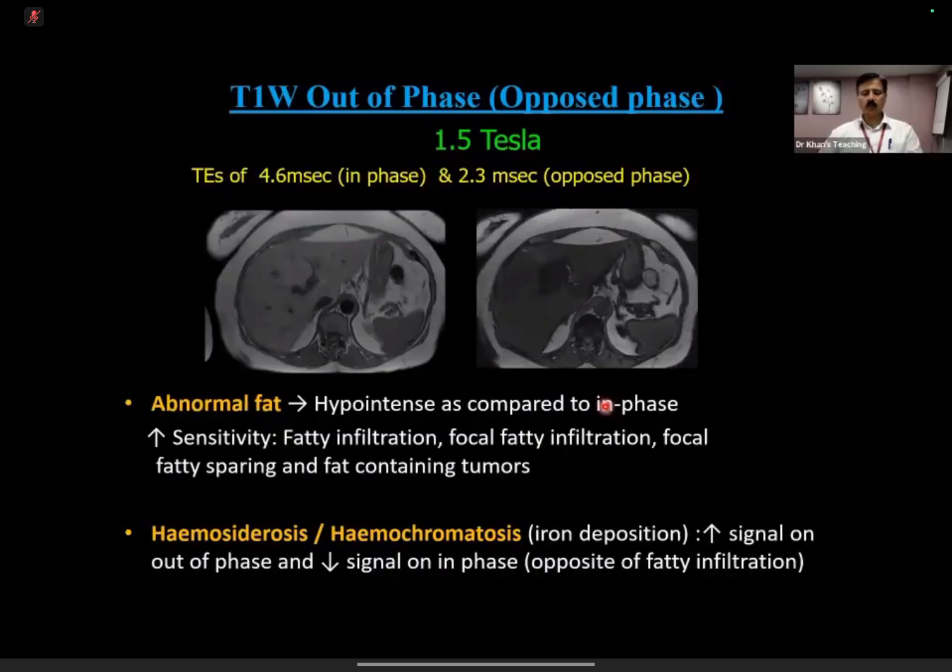And in hemochromatosis, I will teach you a few sequences which you should know. But one, you also utilize these sequences to pick up hemochromatosis. And for that, the imaging features are totally opposite. The opposed phase will become brighter as compared to in phase. Just remember this.